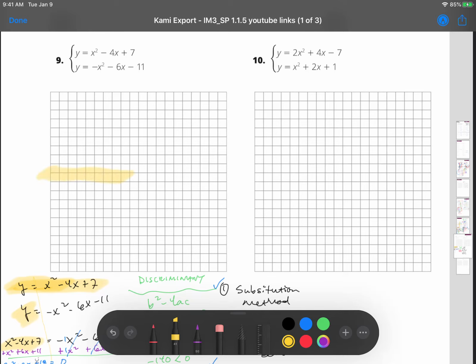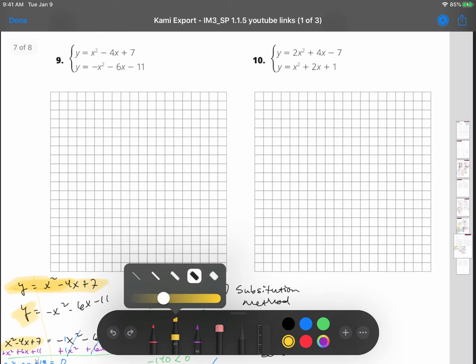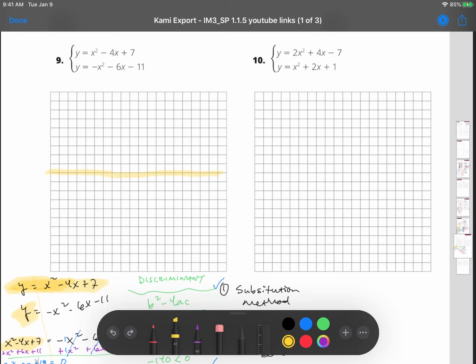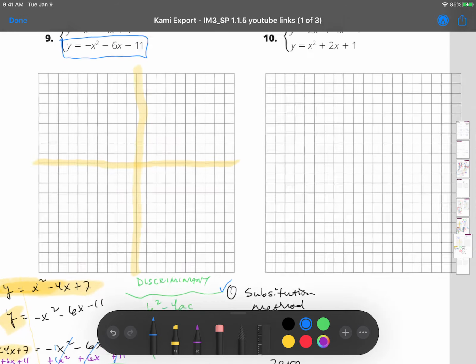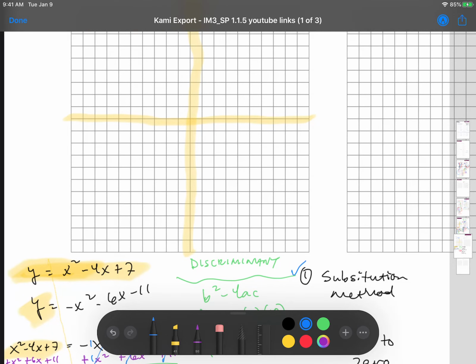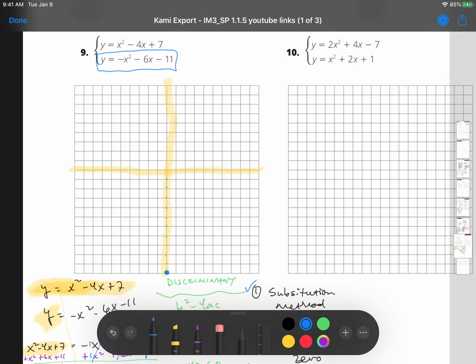All right. Oh, too thick. Let's do the blue here. And they already look non-factorable. Okay, what does that tell you? It means that you can't factor to solve for the x-intercepts.